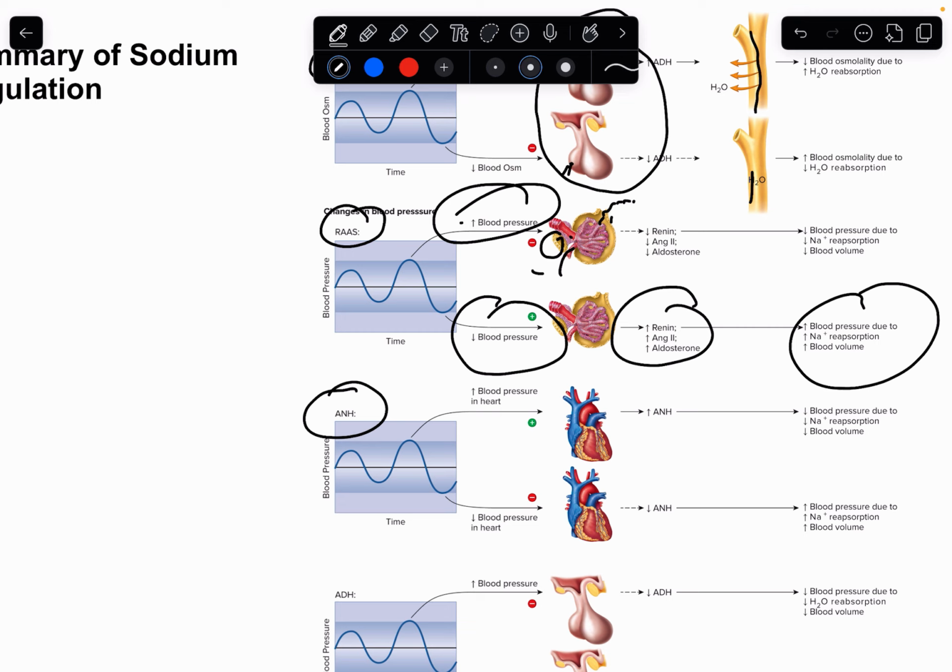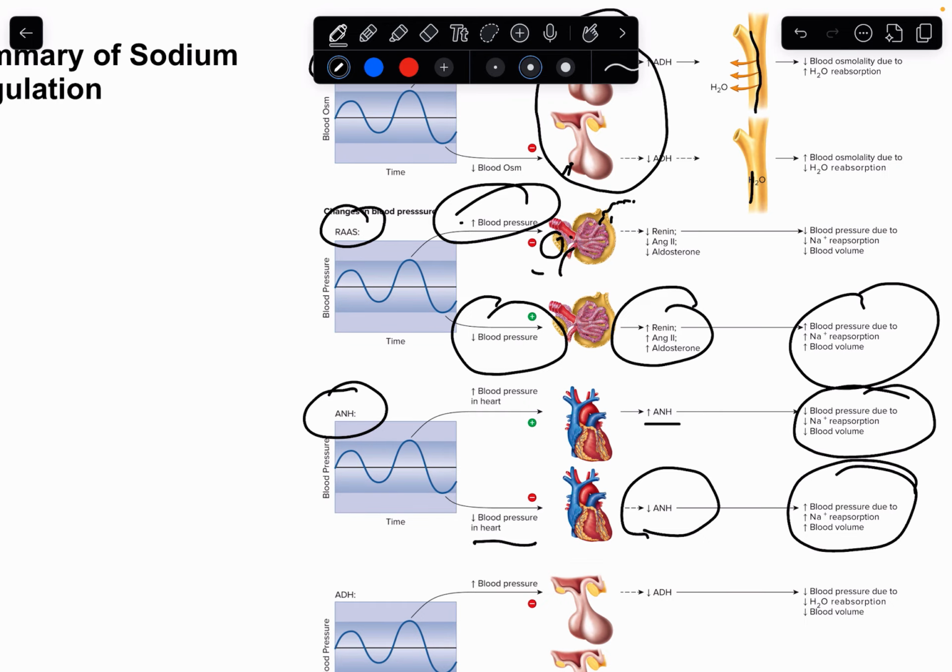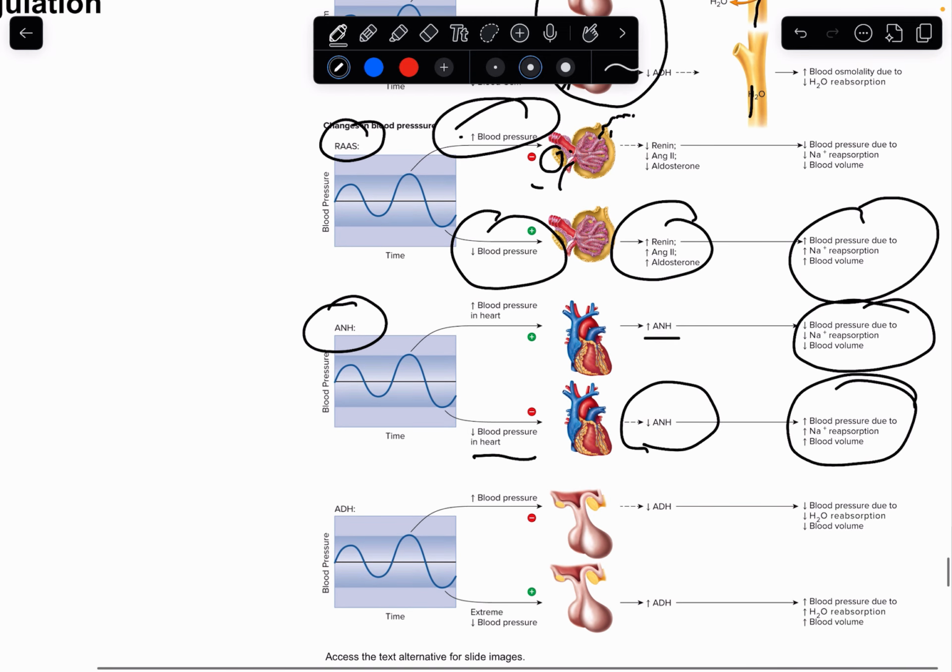It's increasing the blood pressure. It's detected by receptors on the atrium. They increase ANH, which will decrease all these things. If blood pressure decreases, this one will decrease, this will happen. You can look at this chart, it is very good. Everything is in one place.